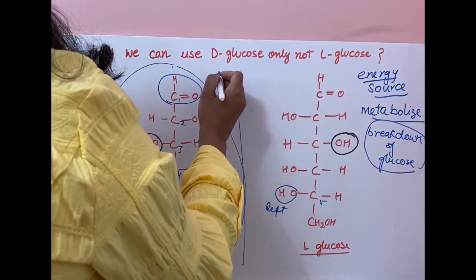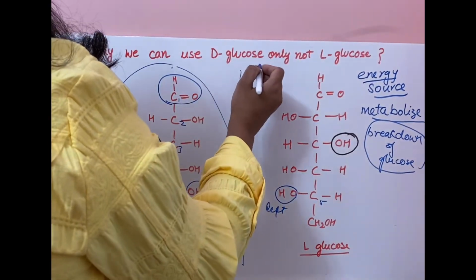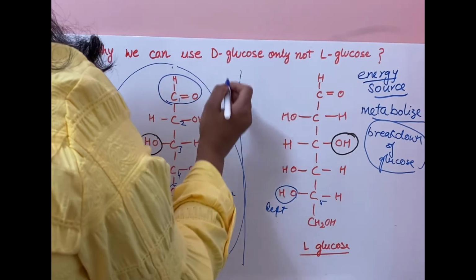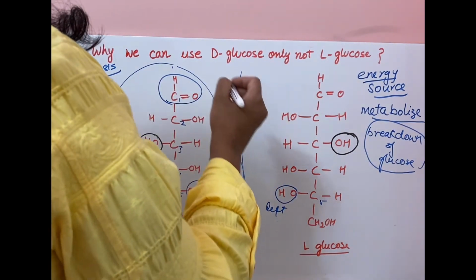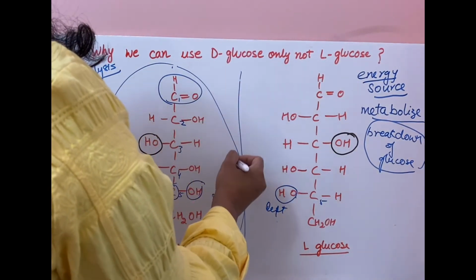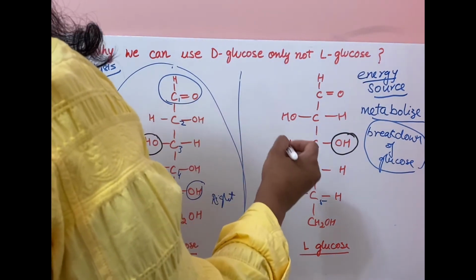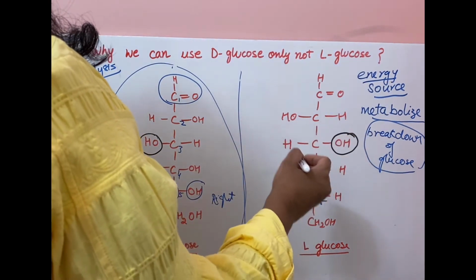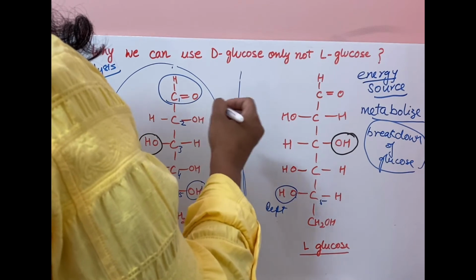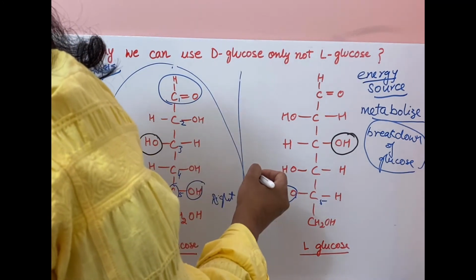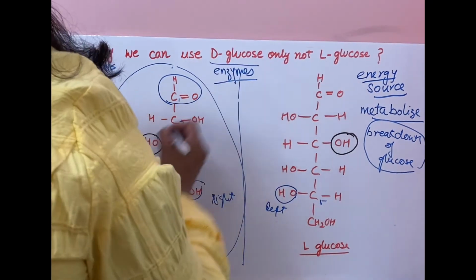So, how does glucose break down in our body? It is by glycolysis. Glucose breaks down through glycolysis and then goes to the TCA and to oxidative phosphorylation to convert into carbon dioxide and water molecules and release a lot of energy.